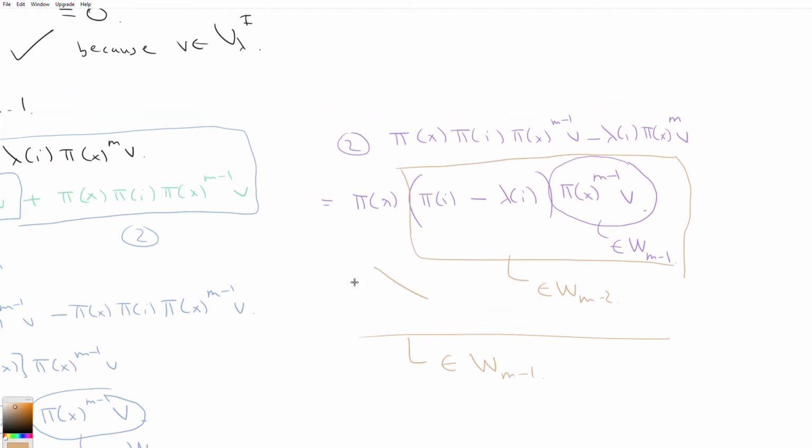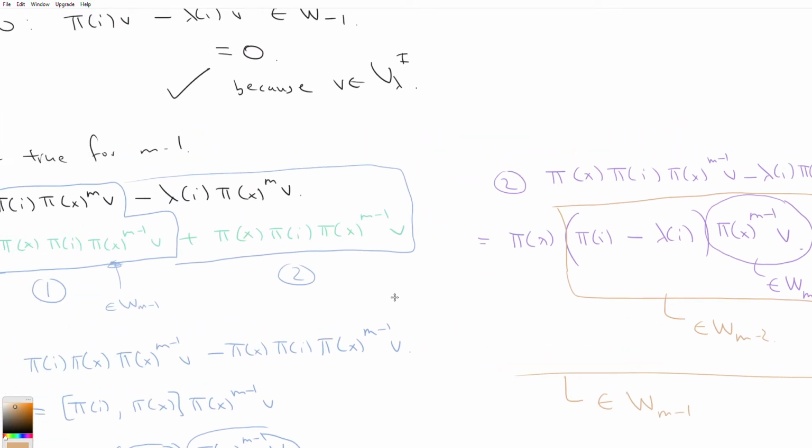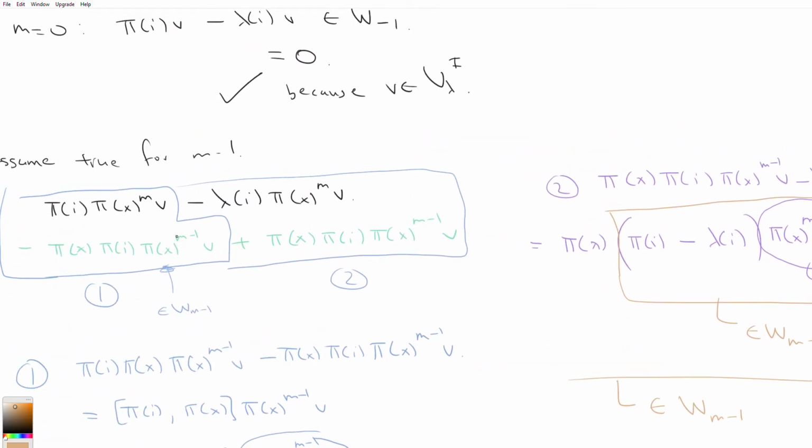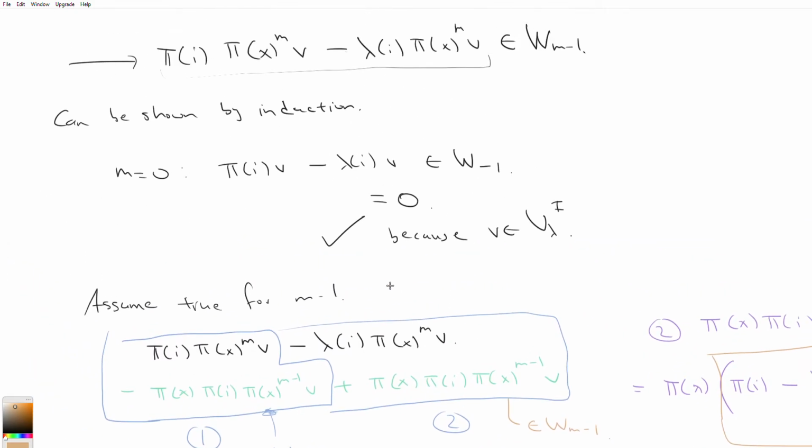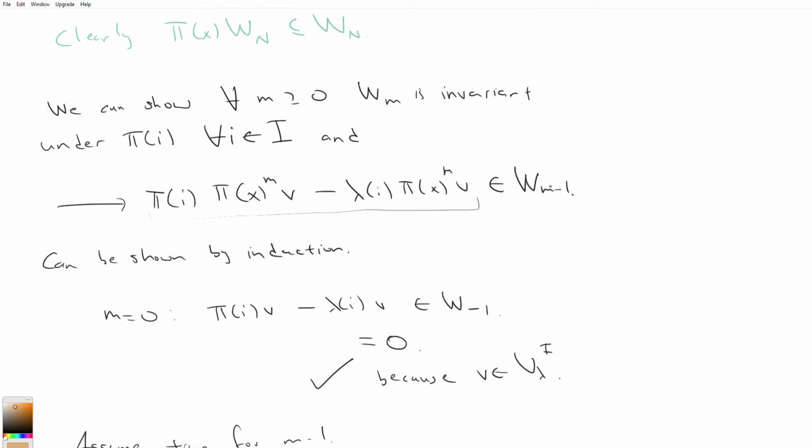So I hope that's clear. This first piece is an element of W_{m-1}, and the second piece is also in W_{m-1}. Since W_{m-1} is a vector space, the entire piece is an element of W_{m-1}. And so now we've proven this statement.